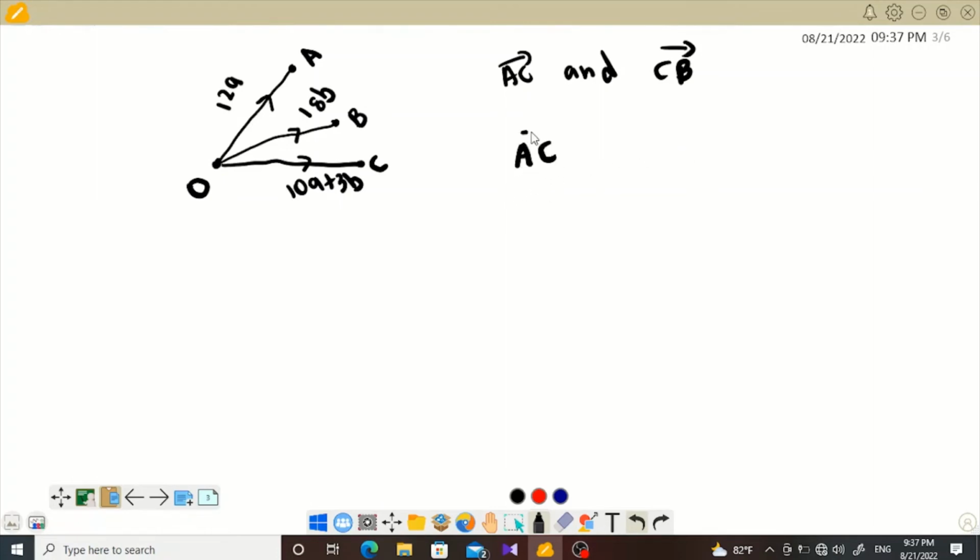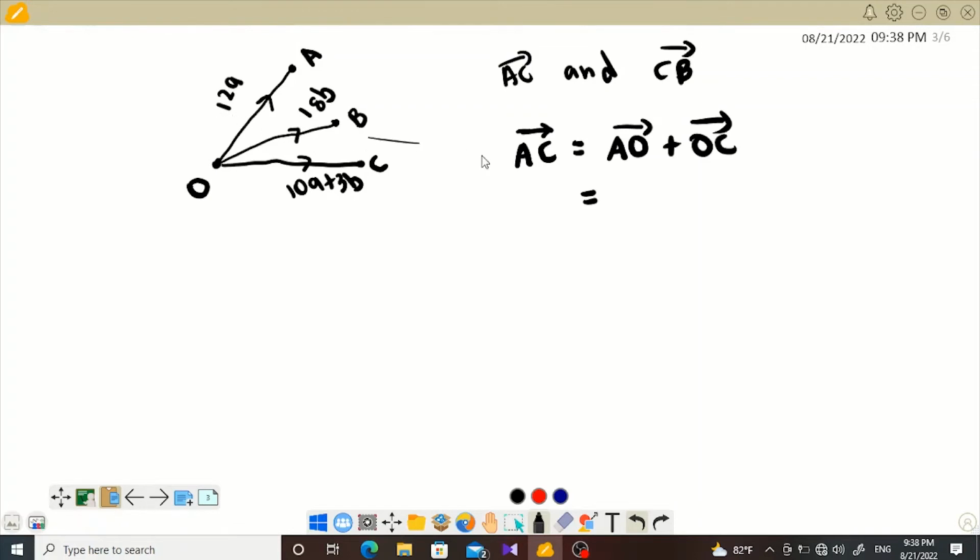To find AC, I am using a simple method. I have to follow the route from A to C. As you can see, I can go to C from A like this: A to O, then O to C. I don't have vector AO, but I have vector OA, so I can obtain AO by multiplying by negative 1.